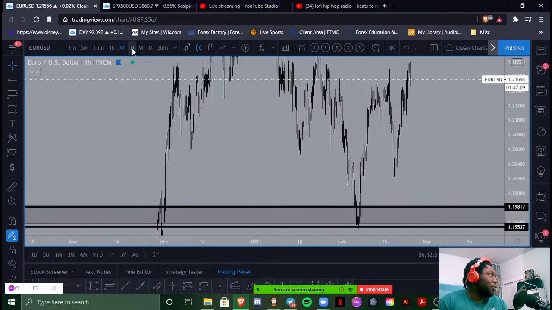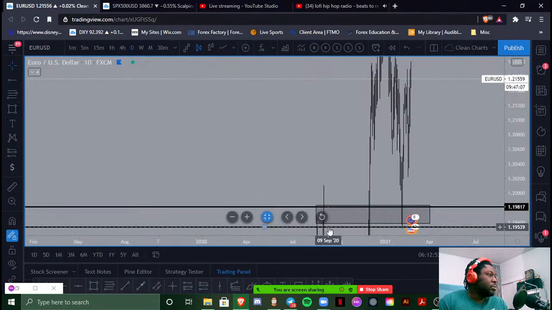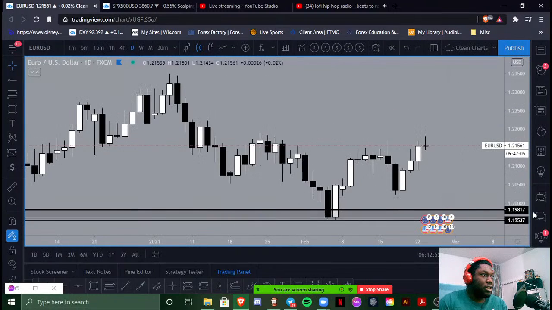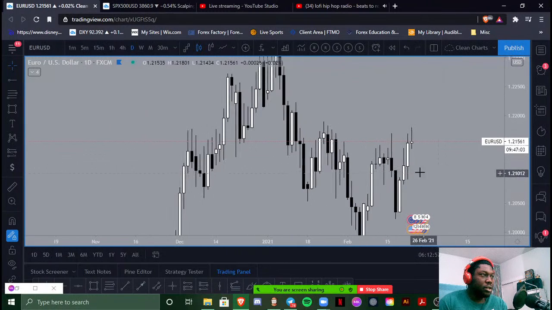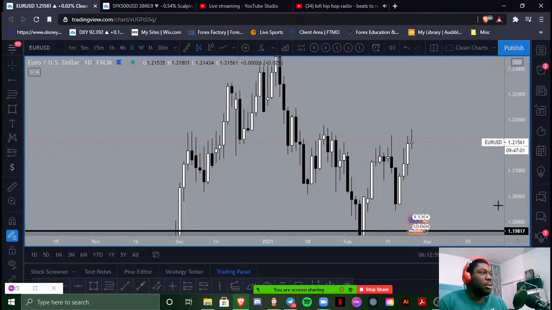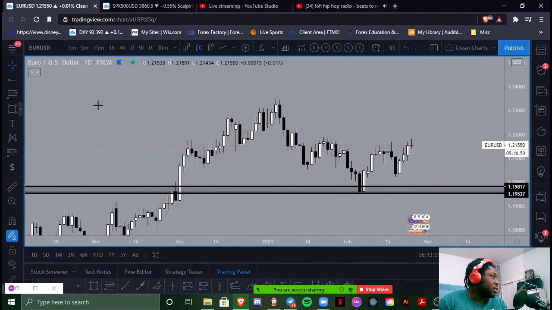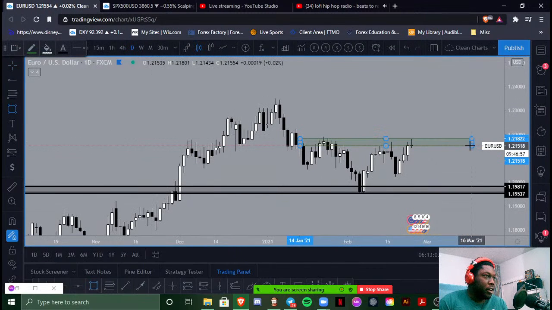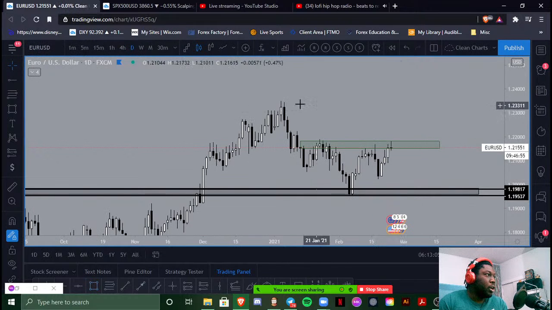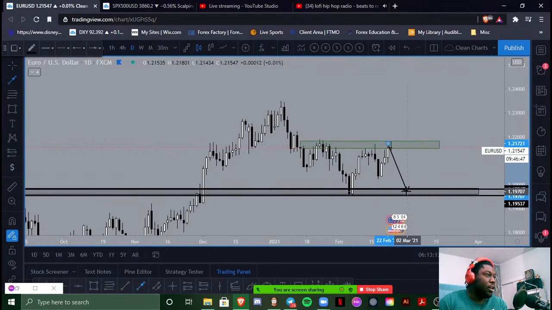So let's go into the daily and see what the daily candle looks like. Okay, so bullish daily candle, but price is still holding at this little structure right here. Now, I'm pretty sure what a lot of people might be thinking is that, oh, if price is holding right here, it could drop down. Yeah, it possibly can, realistically.